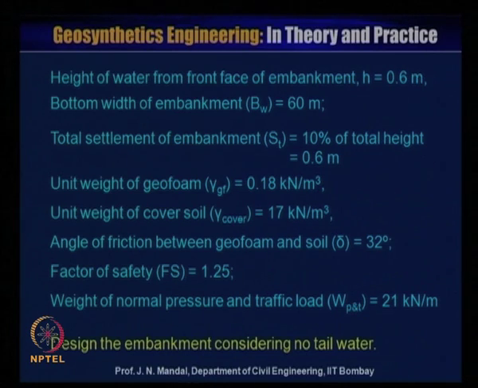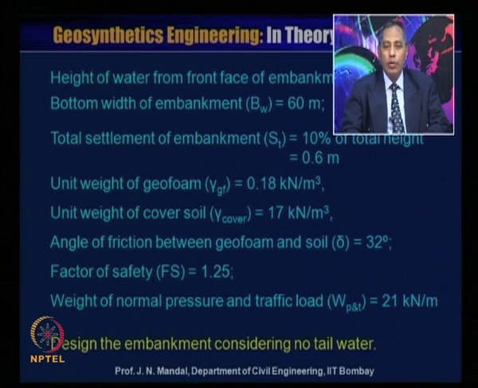Now, height of the water from the front face of the embankment, small h, is equal to 0.6 meter. Bottom width of the embankment BW is equal to 60 meter, and total settlement of the embankment, that is ST, is equal to 10% of the total height, because total height is 6 meter. So, 10% of the total height will be equal to 0.6 meter. Unit weight of geofoam gamma GF is equal to 0.18 kilonewton per meter cube.